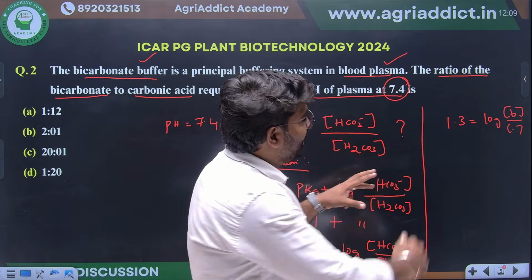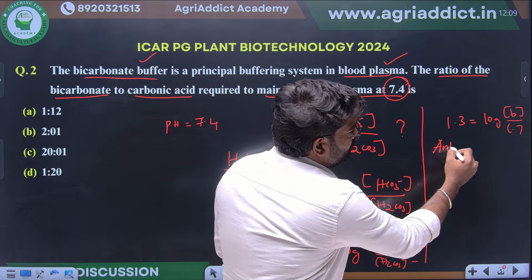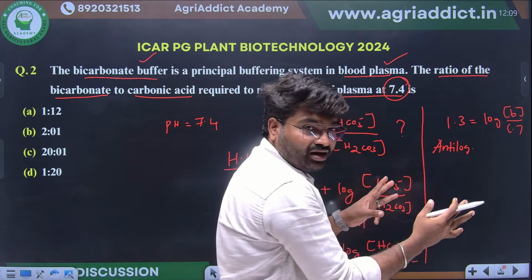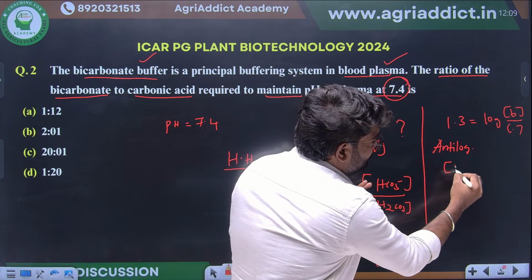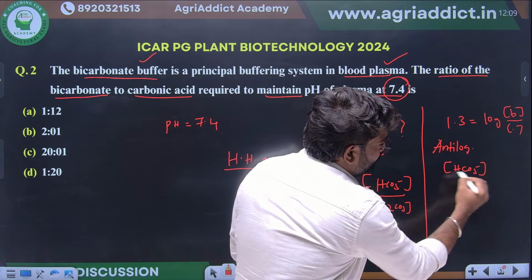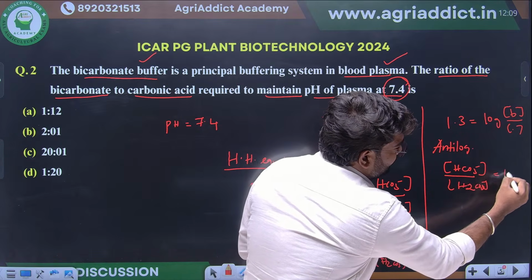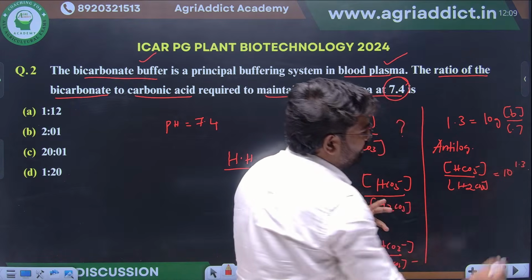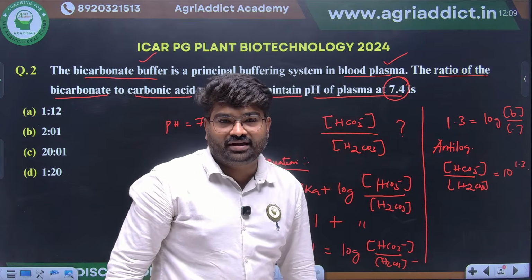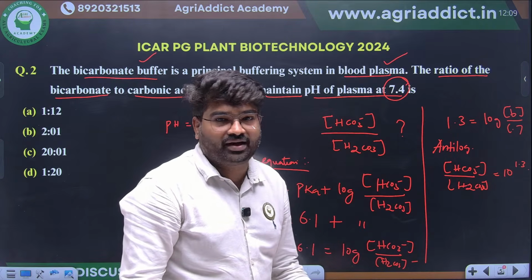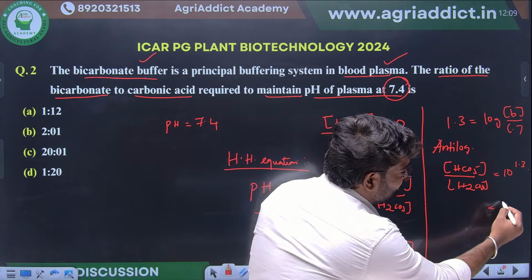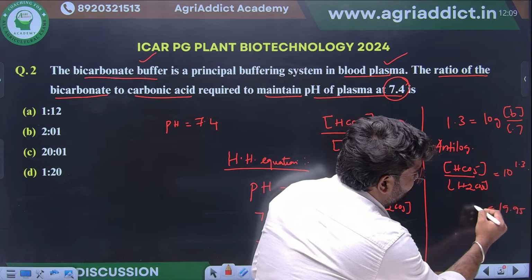Just take the antilog. If you take the antilog, we can know the ratio of bicarbonate to carbonic acid, which is 10 power 1.3. If you simplify this, the value will come to around 19.95 approximately.